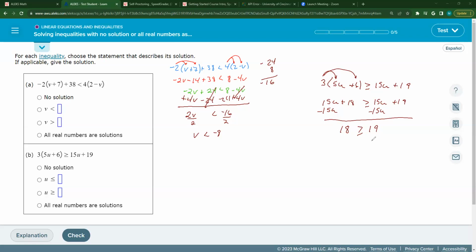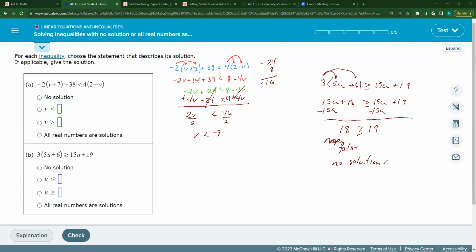Is 18 greater than or equal to 19? This is false. Nope. It's not a true statement when I'm looking at those numbers. If they were equal, that would be a different story. If I had them in the other sides, since it is false, this is a no solution.